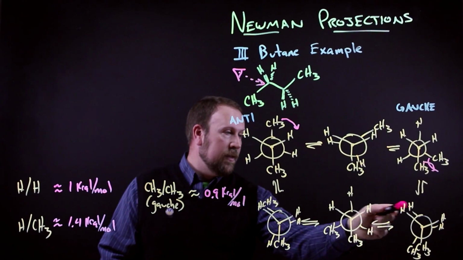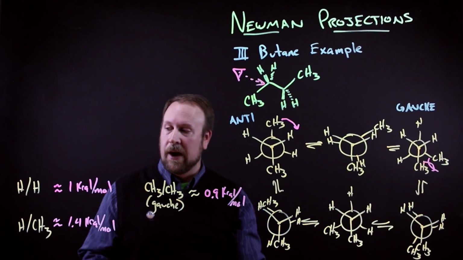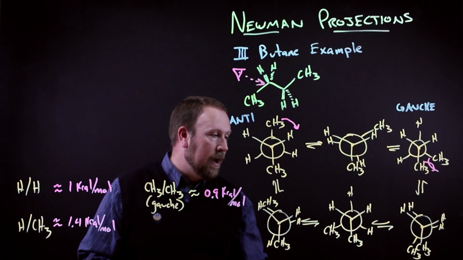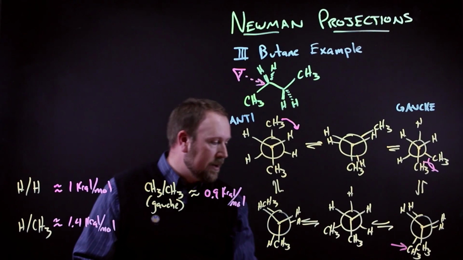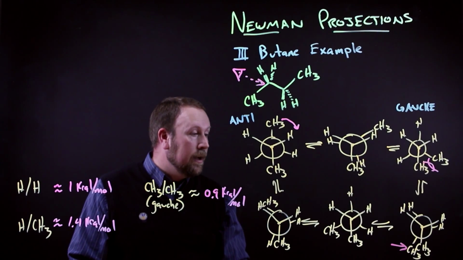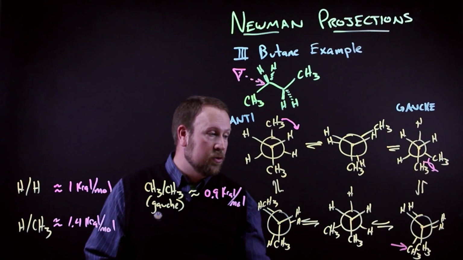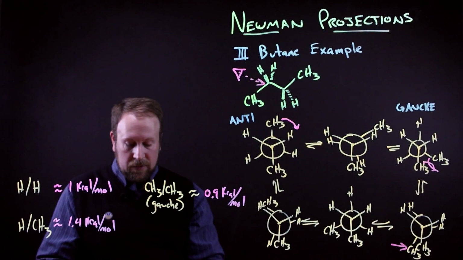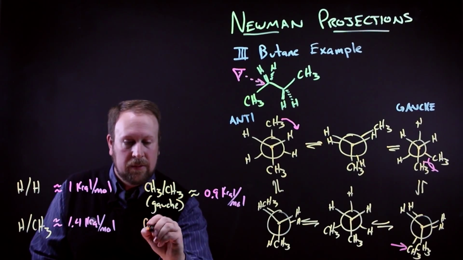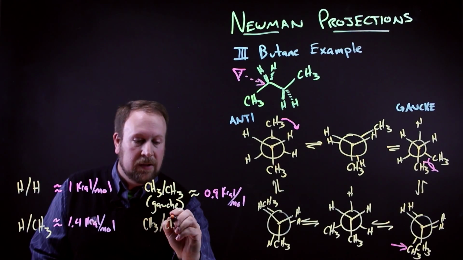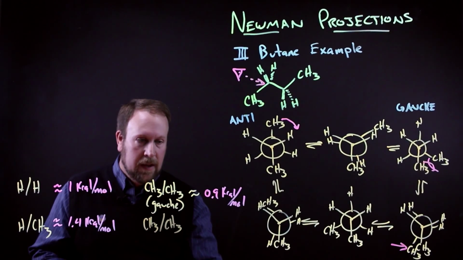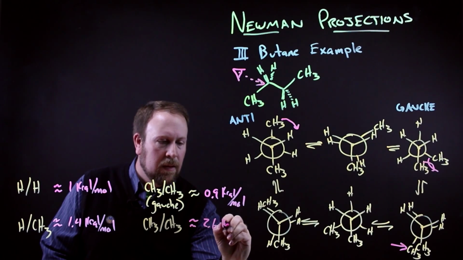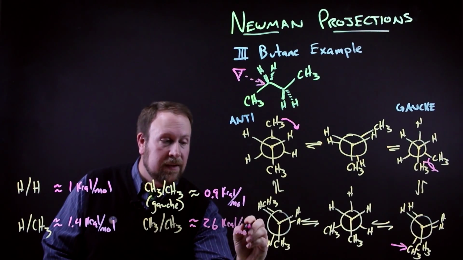So we have these 2 hydrogen-hydrogen eclipsing interactions, which aren't that bad, but then we have this methyl-methyl interaction. So this is the worst interaction that we're going to see in a Newman projection, where two large groups are trying to occupy that exact same space. So in this case, if we have a methyl-methyl that's eclipsing, that's going to be worth about 2.6 kcals per mole in destabilization.